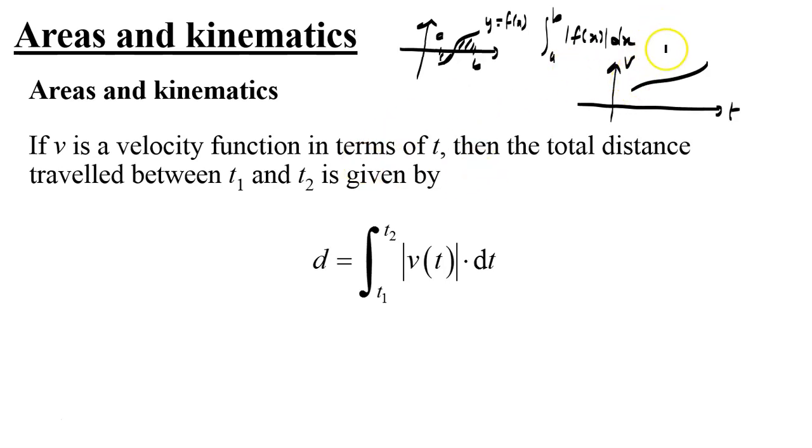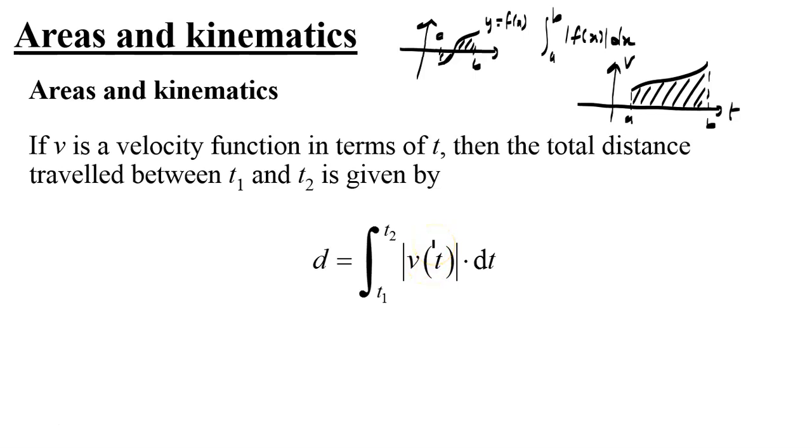So in order to find the total distance traveled between A and B, what I would need to do is determine the area under the curve of the velocity. That is why the total distance traveled between 2 times t1 and t2 is the integral from t1 to t2 of the absolute value of v of t.